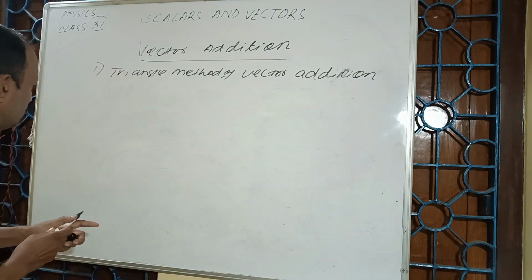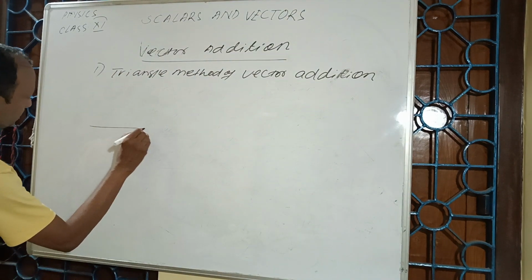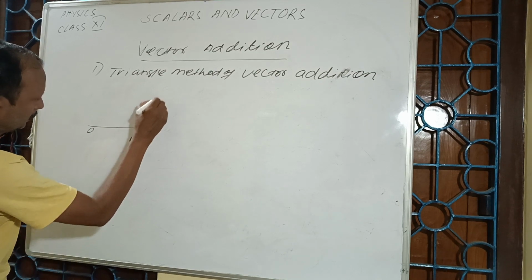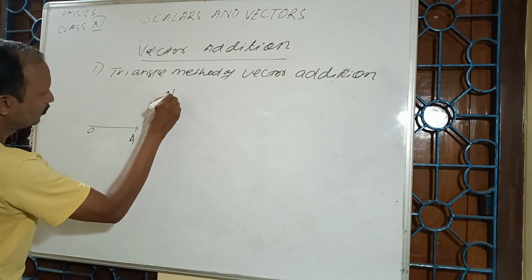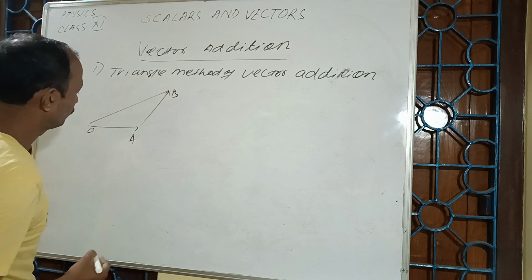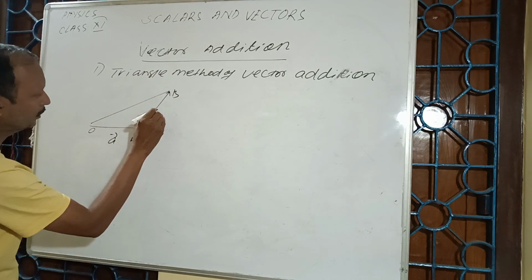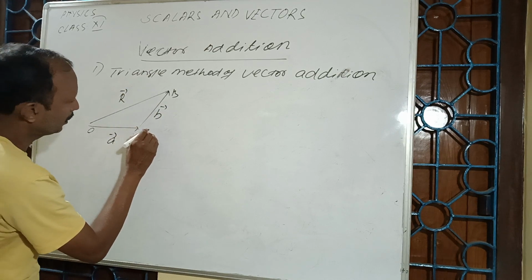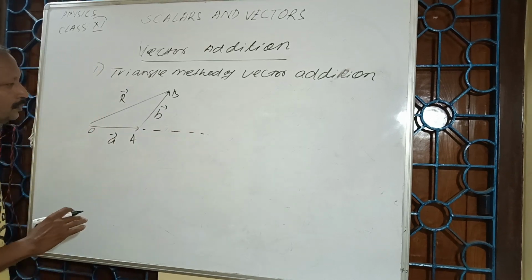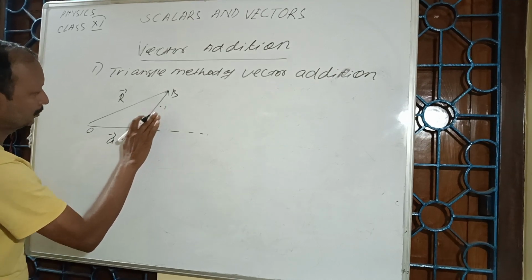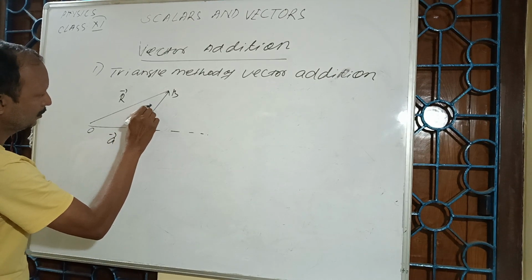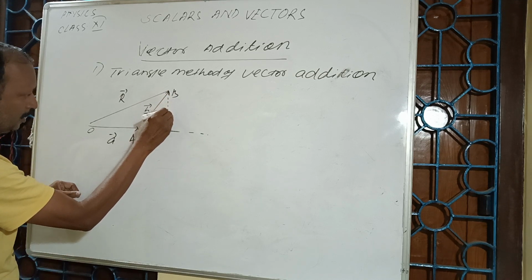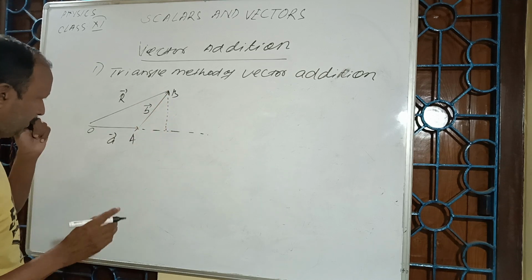Once again, I am drawing it here. This is O, this is A, this is B. Now this is vector A, this is vector B, this is the resultant vector. Now I am extending it. From here I am drawing one perpendicular.